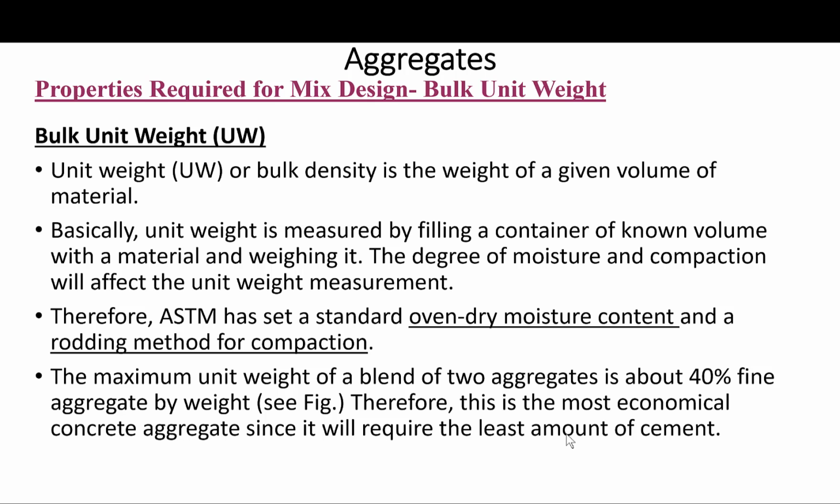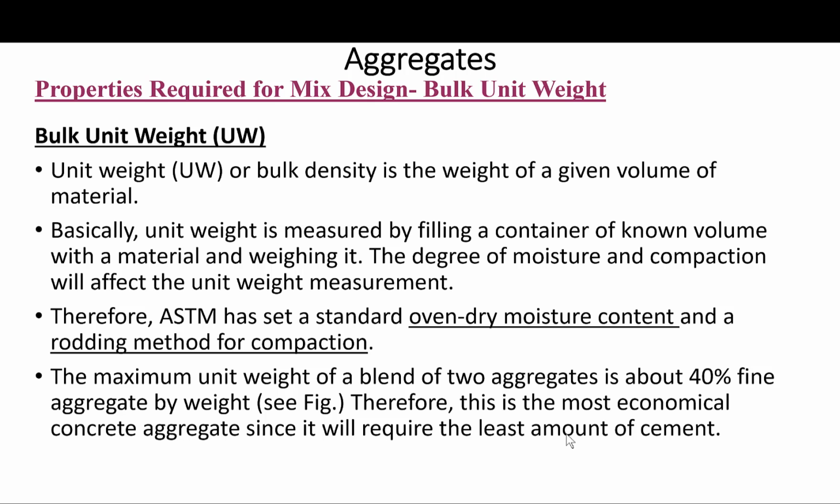All right. So the unit weight effectively measures the volume that the graded aggregate will occupy in concrete and includes both solid aggregate particles and the voids between them. So the unit weight is simply measured by filling a container of known volume and weighing it, according to ASTM C29, I believe.